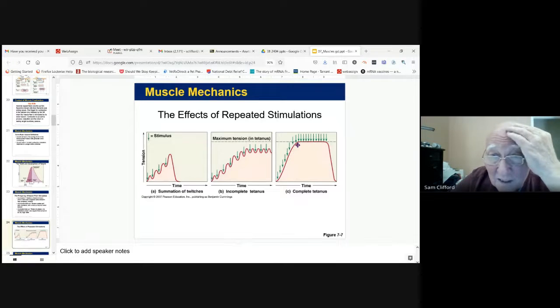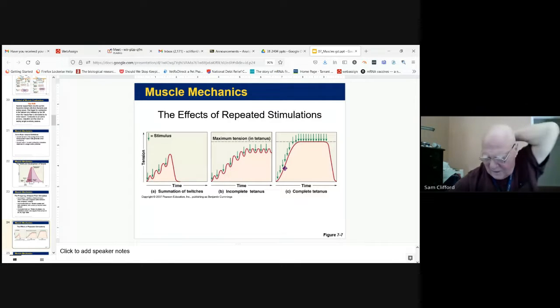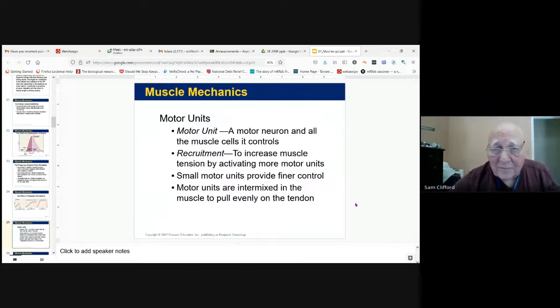If the frequency is increased, the muscle will stay contracted and develop maximum tension or maximum force. So complete tetanus is when the frequency of the stimulation from the axon, from the nerve, causing release of acetylcholine and allowing sodium to enter and allowing the contraction process to take place between the myosin and the actin. So that's complete tetanus versus incomplete tetanus.